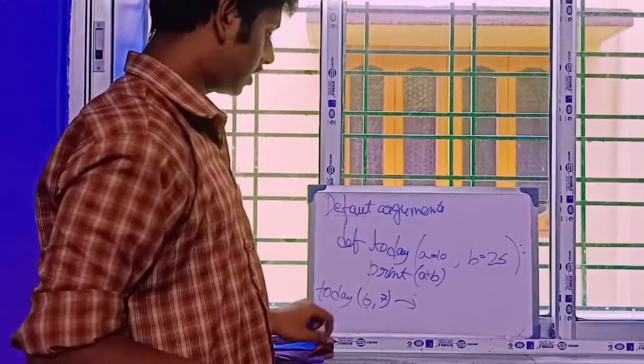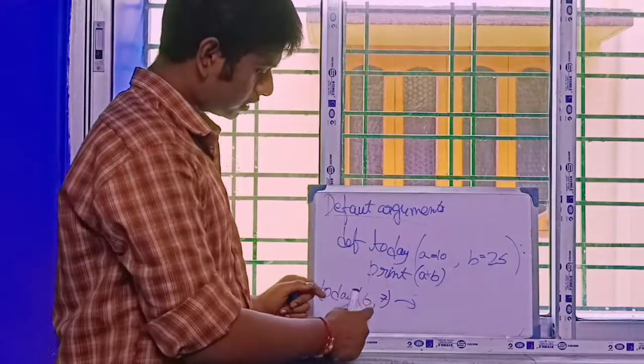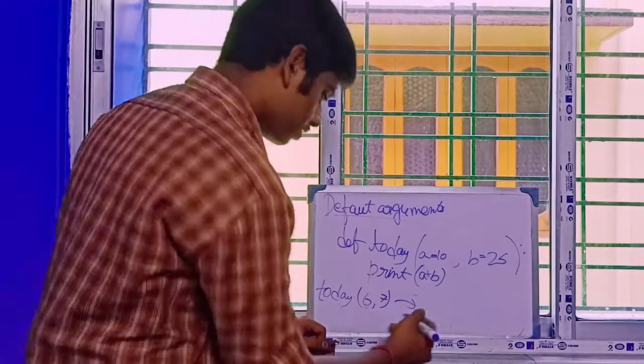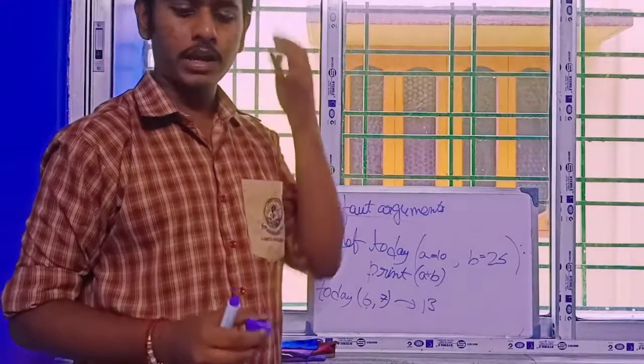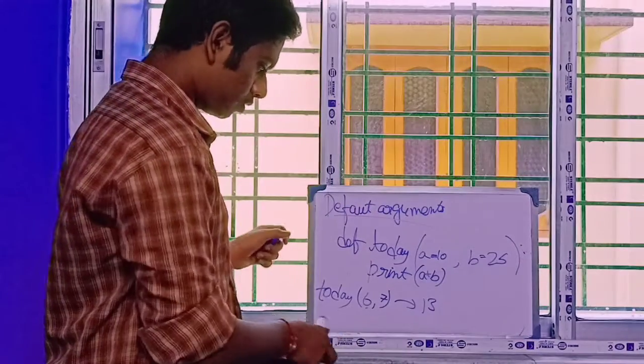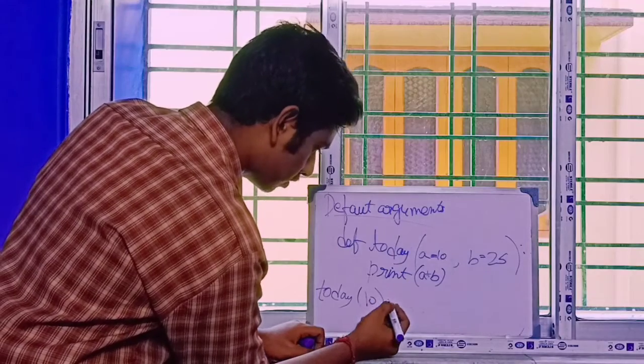Okay. Now instead of writing like this, we should write today 6, 7. So this time it will change the value of a and b. It will take the value of a as 6 and the value of b as 7. So it will give the result as 13. And now if we write only one thing, for example 15, okay.